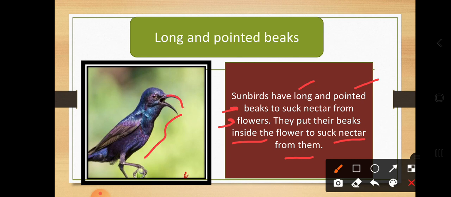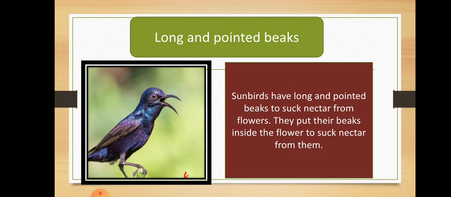Okay, with the help of this pointed type of beak, what are they doing? They are sucking the nectar from the flower. Okay, so they are going to take the nectar from the flowers. So why are they doing it? For having the nectar of the flower.